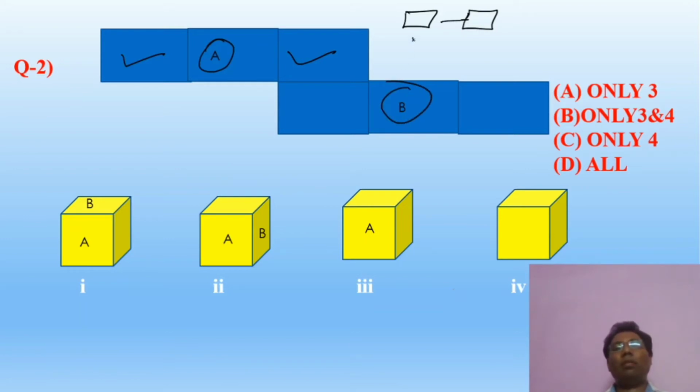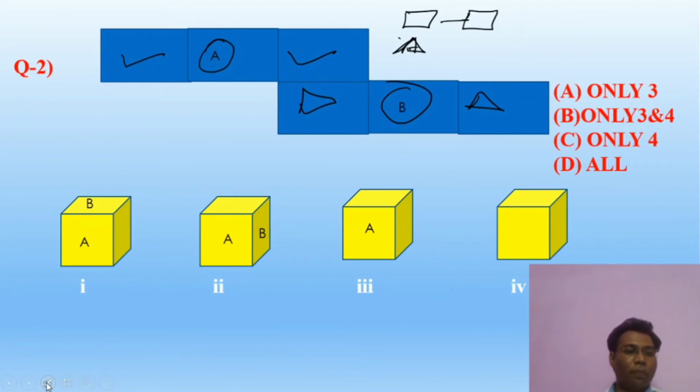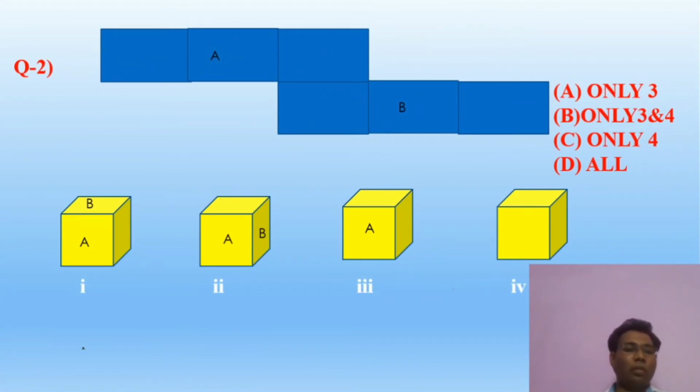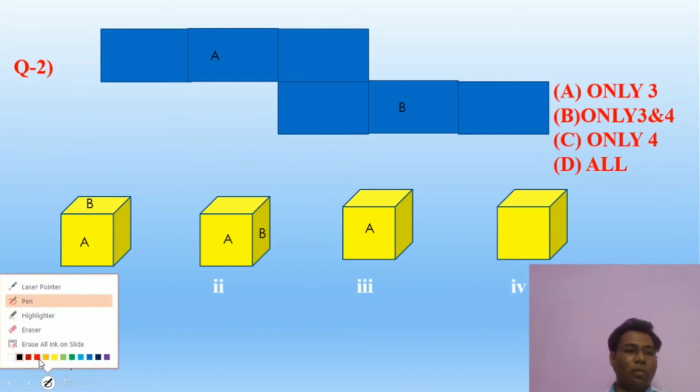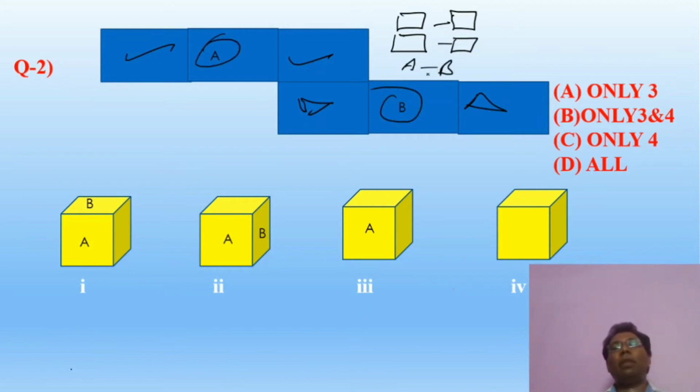Opposite to A is B. Opposite to this figure is this, and opposite to this figure is this, and opposite to A is B. Okay, our dice is solved.